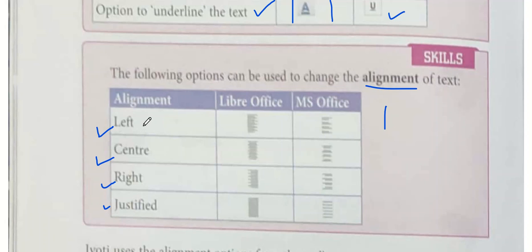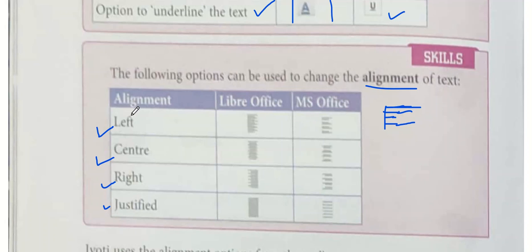If we have arranged the text towards the left, then each and every line will start from the same point, but it may end at different points. It may be possible that our first line is much longer than the second line, and the second line is much longer than the third line.